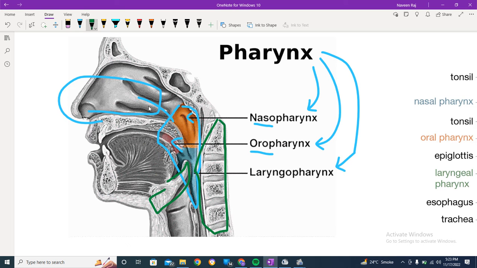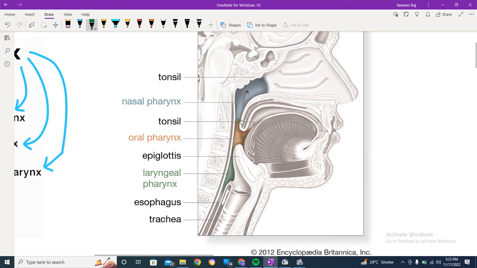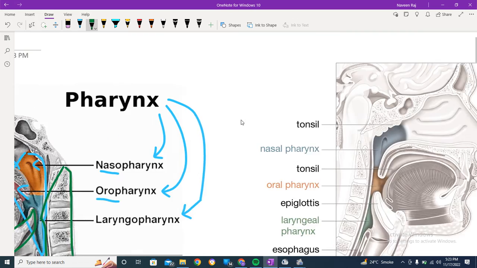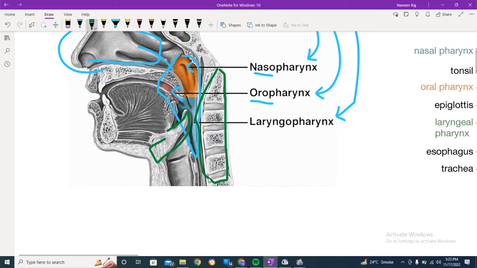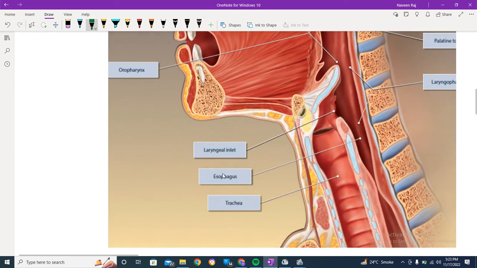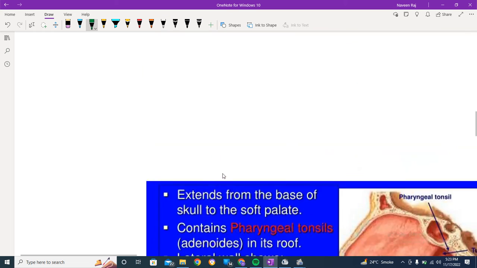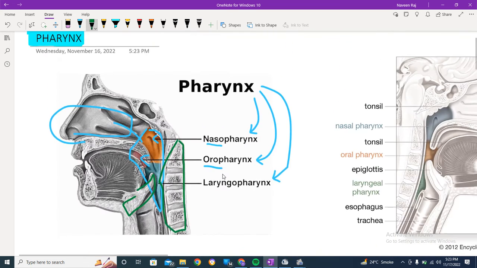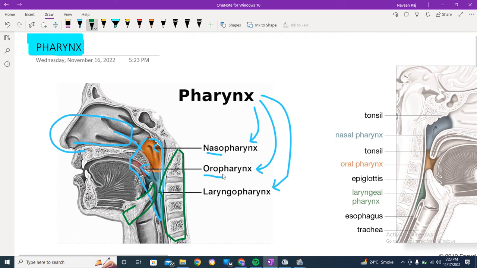In the part of the nasopharynx, a tube from our ear also joins it. We will discuss that in detail in one of the parts.